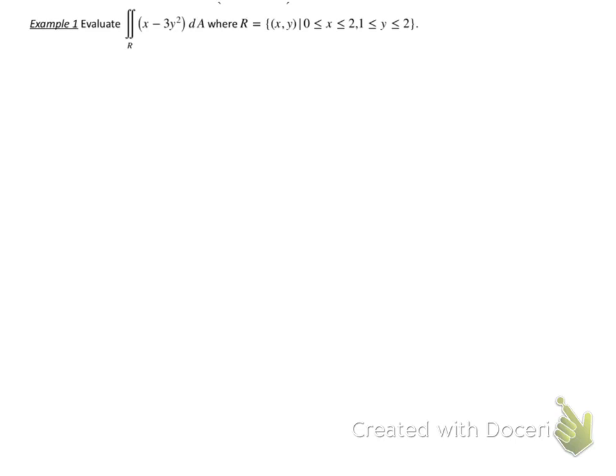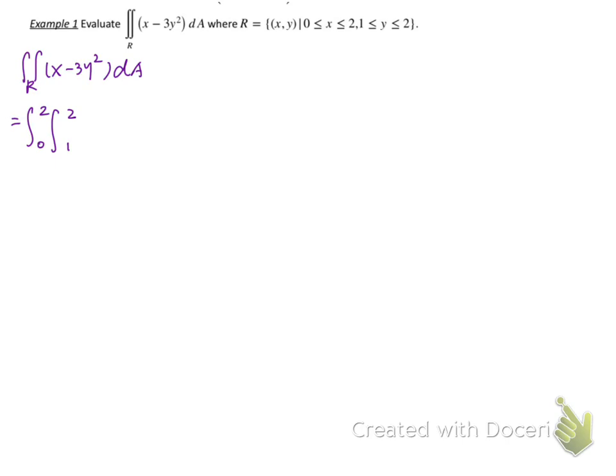From Fubini's theorem, we can write it both ways, and I am going to show both ways. So our integral, I can do the integral in y first, then x. y goes from 1 to 2, then x goes from 0 to 2.